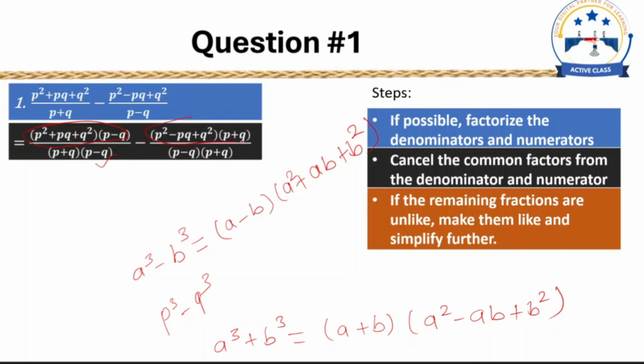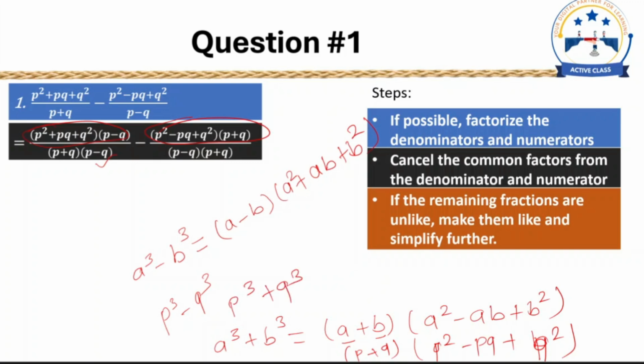If you go to the numerator of second fraction, only in place of a there is p, in place of b there is q, and all other things are same, right? Okay, this means the second fraction can be replaced with p cube plus q cube.